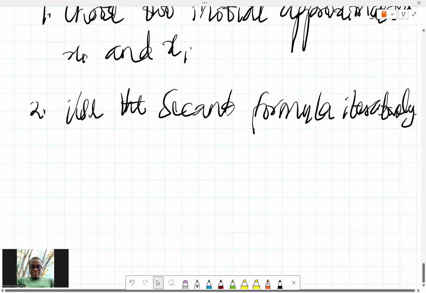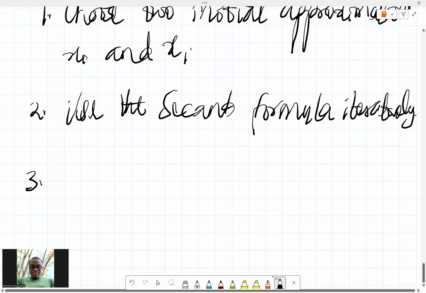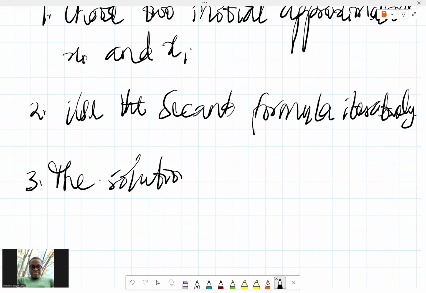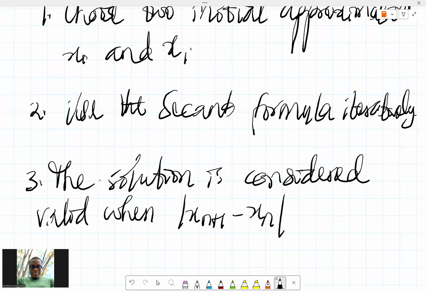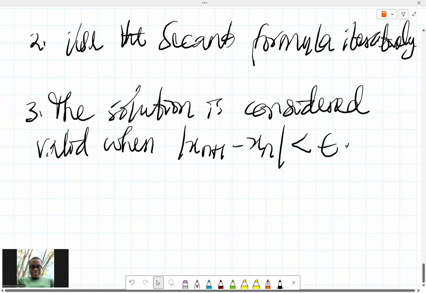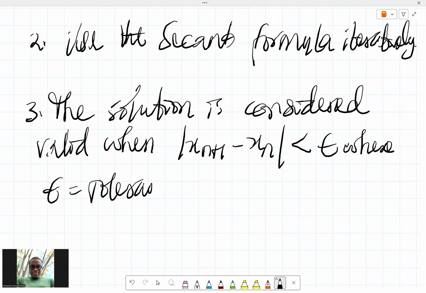Now the question is, how do you know when to stop? The solution is considered valid when the absolute value of xn plus 1 minus xn is less than the tolerance limit, less than epsilon, where epsilon is equal to the tolerance limit.